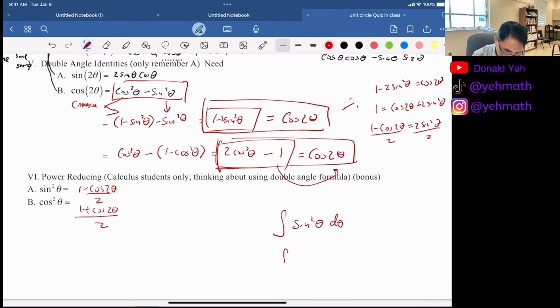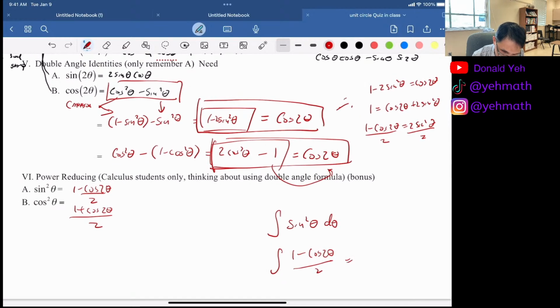That's just going to be the integration of 1 minus cosine 2 theta over 2. You can split them: 1/2 minus 1/2 integration of cosine 2 theta. Then you need to use u substitution for this. U equal to 2 theta, and you go ahead and solve for it. So that is going to give me the first one and second one.